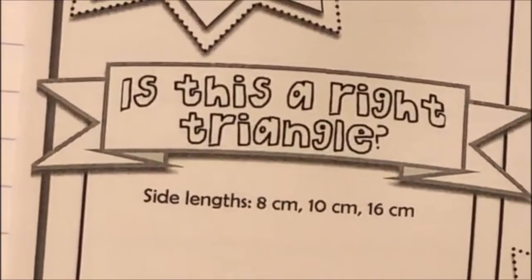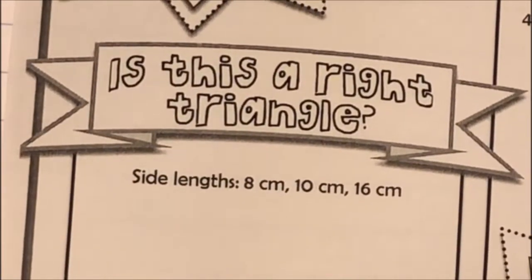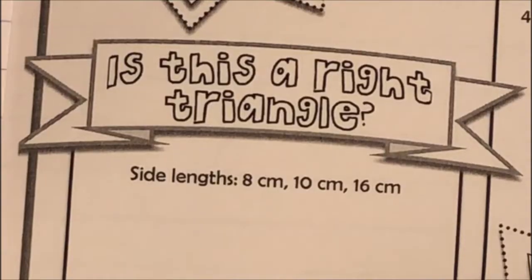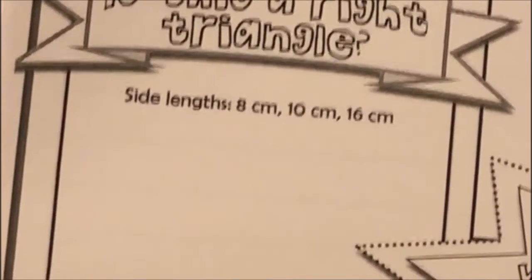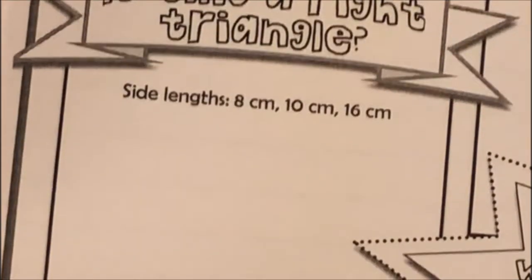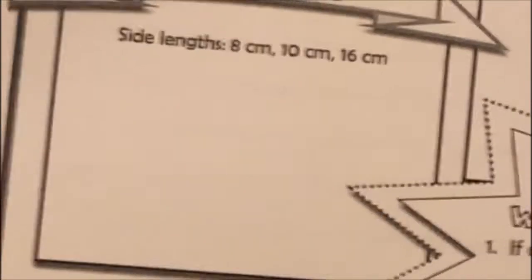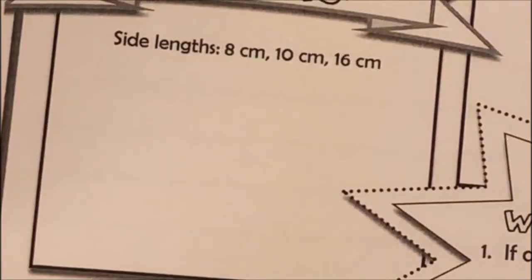So the first one I have is: is this a right triangle? And it gives us 3 measures. Side lengths of 8 centimeters, 10 centimeters, and 16 centimeters. The first thing I want to figure out is which of these are the legs and which one's the hypotenuse.